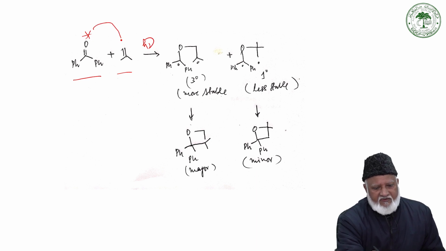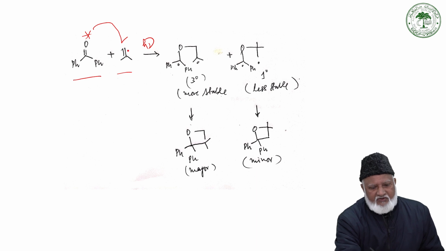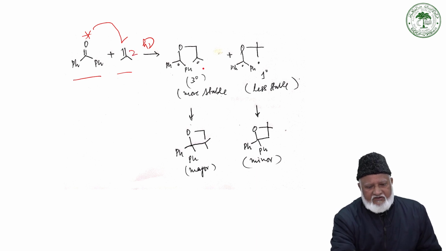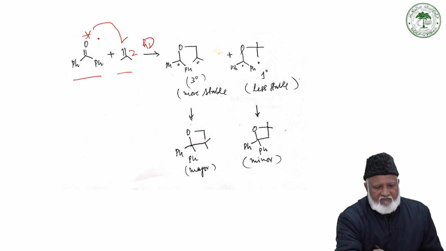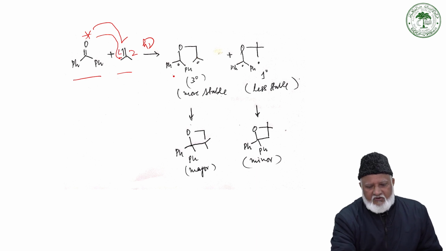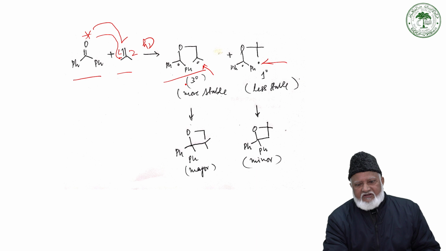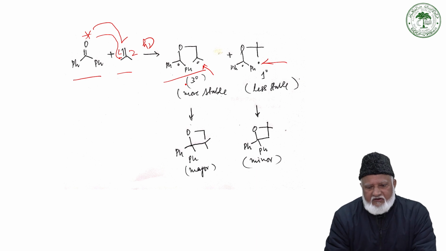The excited state can attack one of the carbons to generate a radical here, or it might also attack this carbon to generate a radical here. The oxygen radical is common in both, so this is not the deciding factor.